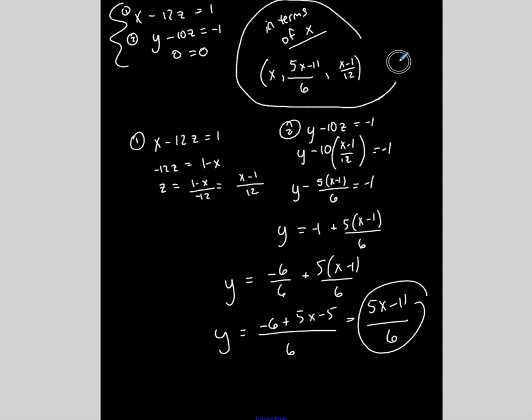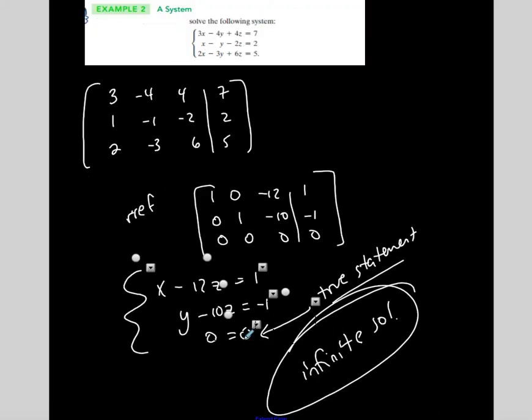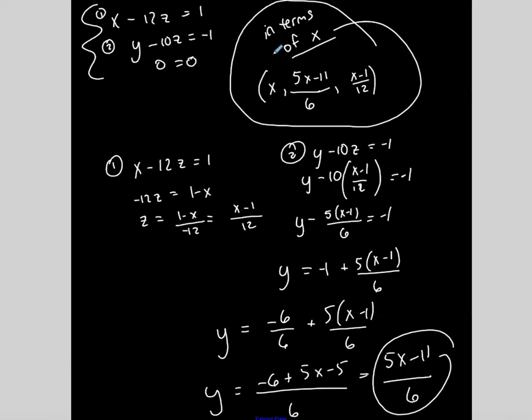This is my infinite solution case. This is my ordered triple that represents any point that satisfies that system of equations, which has infinite solutions. Why do I like it in terms of x? Because once I pick a value of x, let's say x is 0, I get an ordered triple.